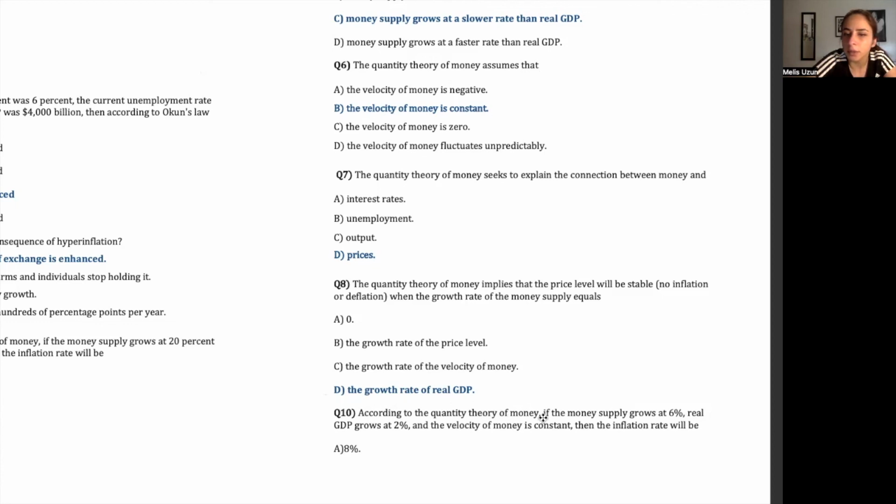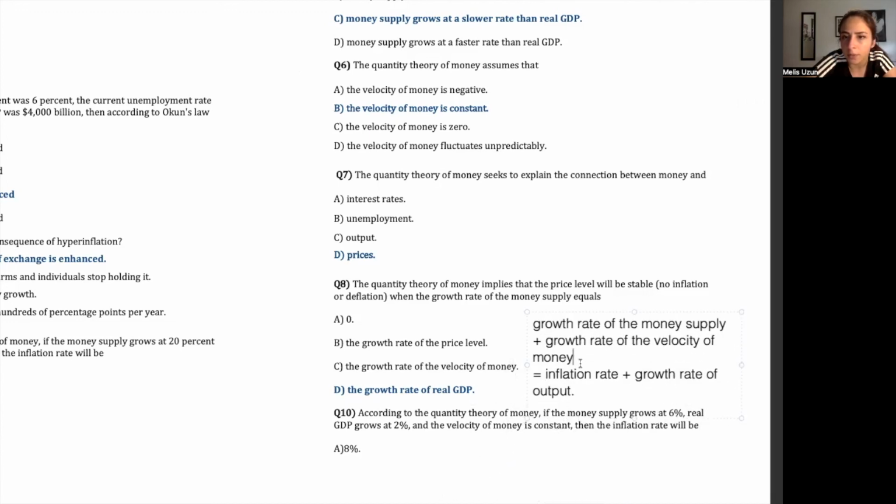According to the quantity theory of money, if the money supply grows at 6%, real GDP grows at 2%, and the velocity of money is constant, then the inflation rate will be? We wrote the formula just now. This was the formula. The growth rate of velocity of money is constant, so I'm deleting this.